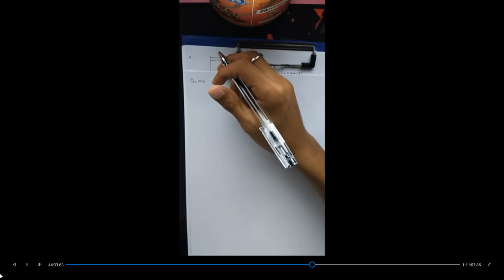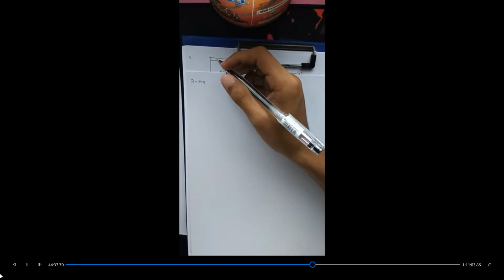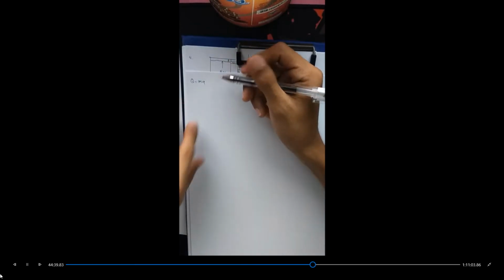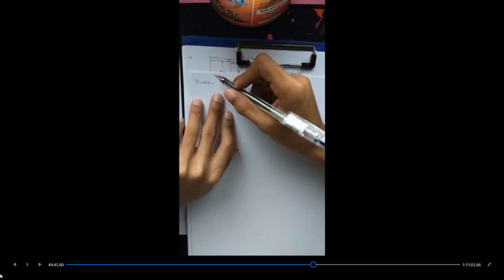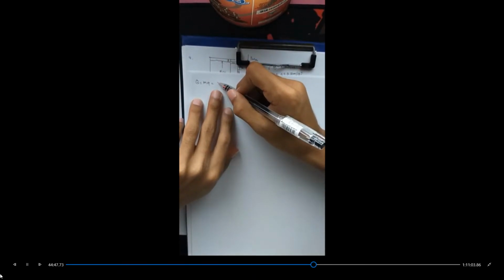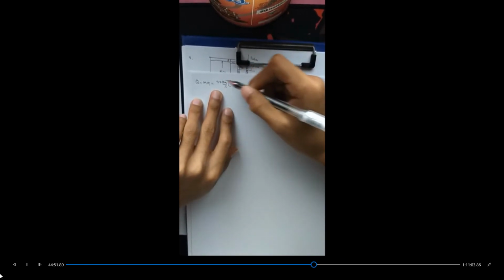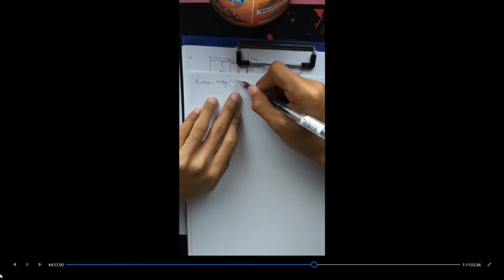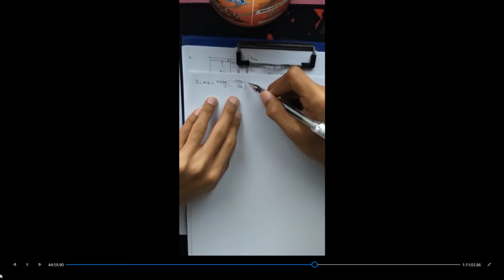The specific heat added is already given, which is negative 13 BTU per pound mass, and we just need to multiply it by our mass, 37 pound mass per second. Canceling pound mass, we get BTU per second.